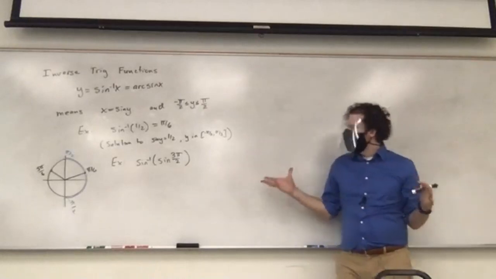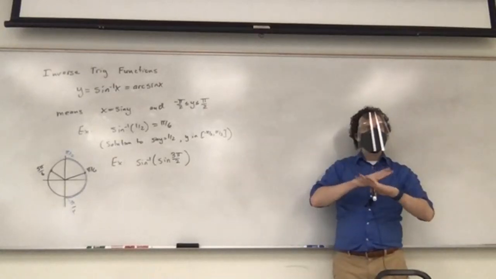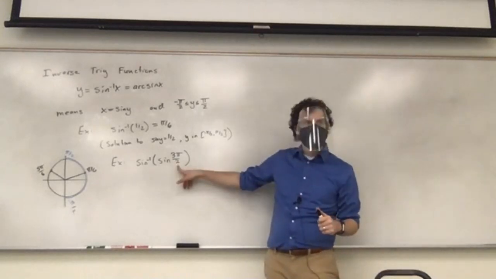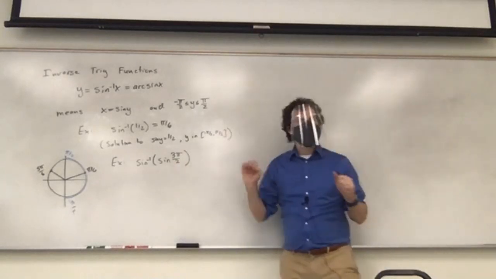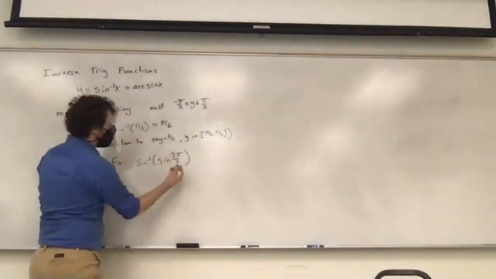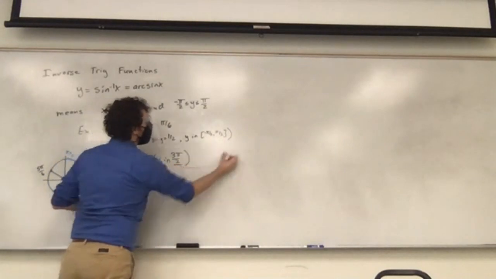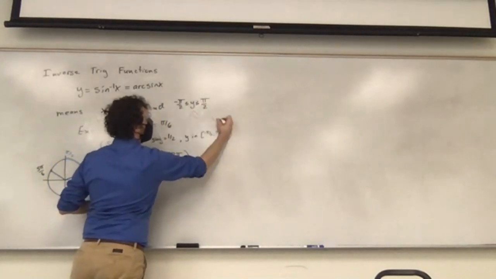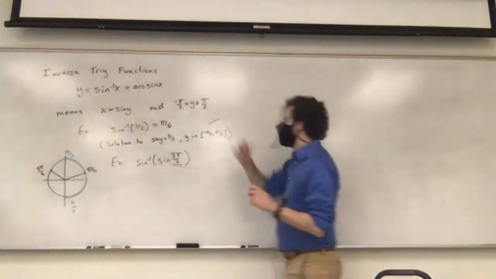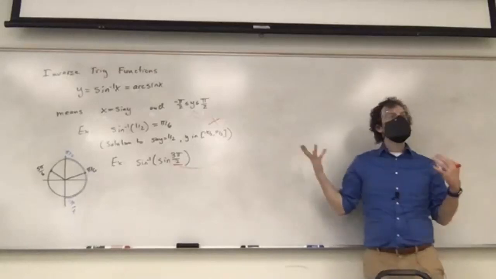At first glance, your instincts say sine inverse and sine cancel each other out, and we just get the 3 pi over 2. But that's not exactly what's going to happen, because this 3 pi over 2 is not in this range. 3 pi over 2 isn't a valid number to come out of inverse sine.